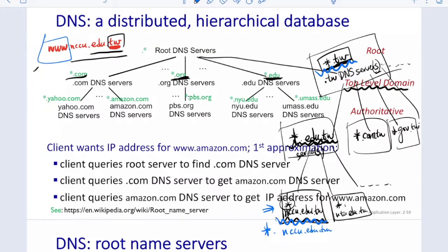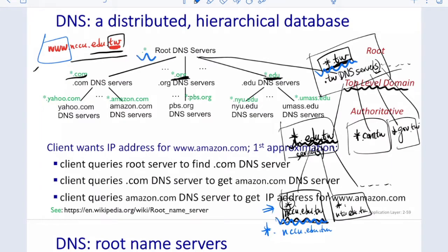So for our operating system, if one of my processes wants to communicate with a remote host, for example, www.nccu.edu.tw, the operating system should help the process figure out what the IP of this name is. So first the operating system should find which server is responsible for .tw.